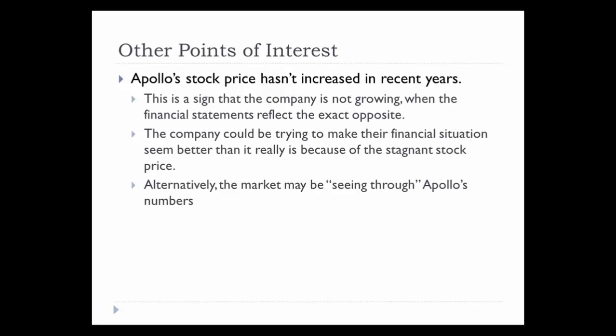Because if that was the case, we would see an increase in bad debt expense. What would that have the effect of? Depressing income, net income. Allowance for inventory obsolescence, same thing. We would see net income being depressed. So that would just make the problems they're having even worse. So that's why we might not see that they're adjusting these accounts. They have incentives to try to manage earnings.